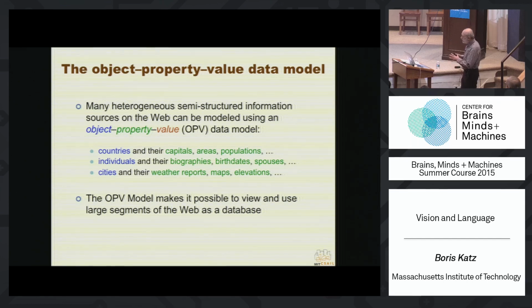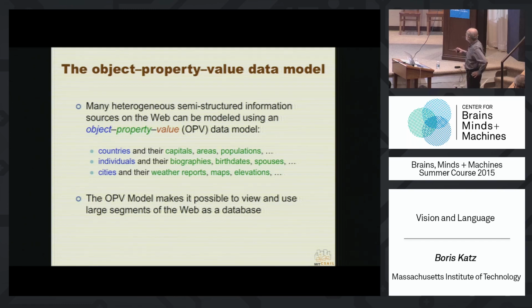This technique can connect language to arbitrary procedures, but as I said, let's consider the many semi-structured information sources available on the web that can be modeled using this object property value model. What kind of repositories have this property? If you think about it, almost anything that humans create on the web which is semi-structured is like that.